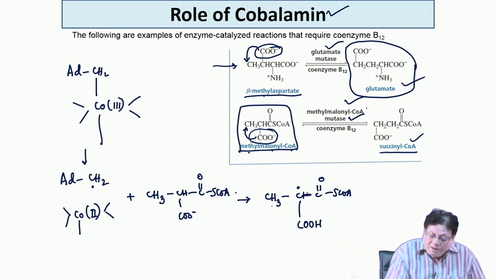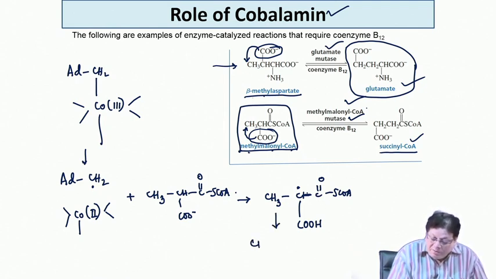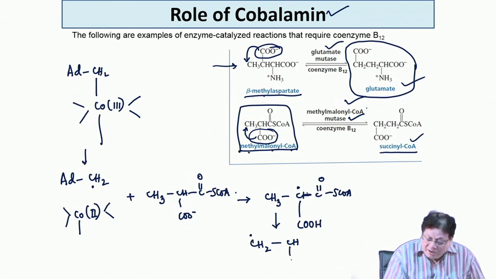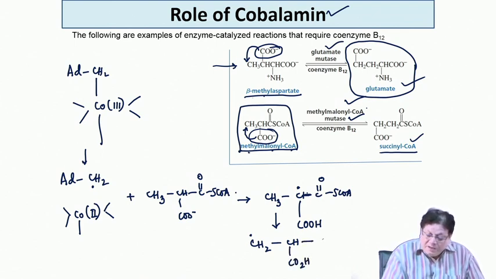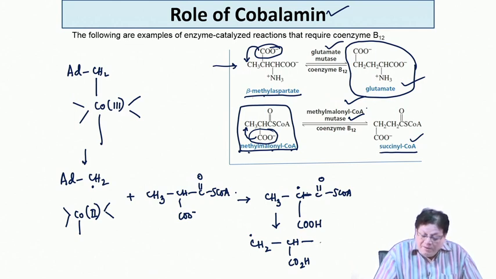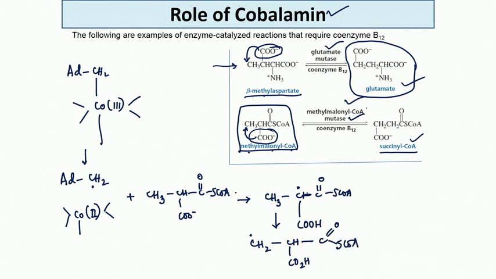And then if you migrate one hydrogen from here, you get a dot here and then CH, the hydrogen is there, CO2H, and you have C SCoA.